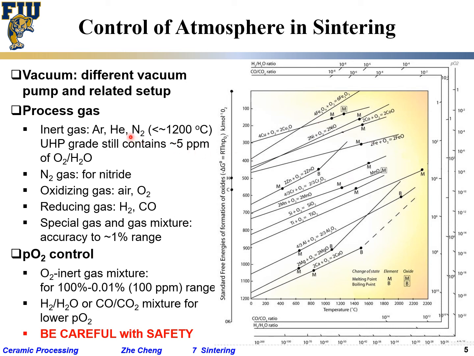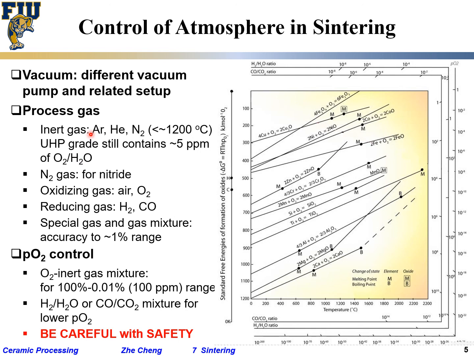And for sintering, the process gas could be inert. Inert process gas could be argon, helium. If we're using nitrogen, above a certain temperature nitrogen also is not exactly inert. And your commercial so-called UHP, ultra high purity grade, typically contains roughly 5 ppm, parts per million, of oxygen or water.